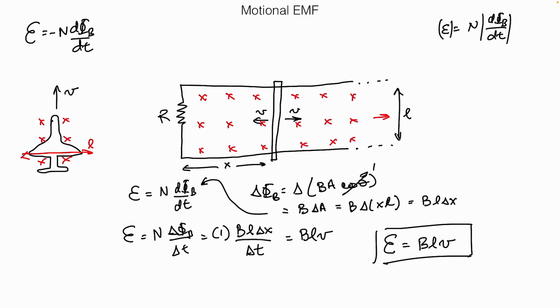Motional EMF. Because the plane is moving through the Earth's magnetic field, there will be a voltage across the wingtips. From wingtip to wingtip, there will be a voltage. So let's calculate what that voltage is going to be.